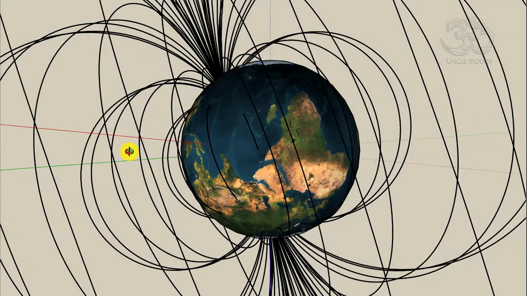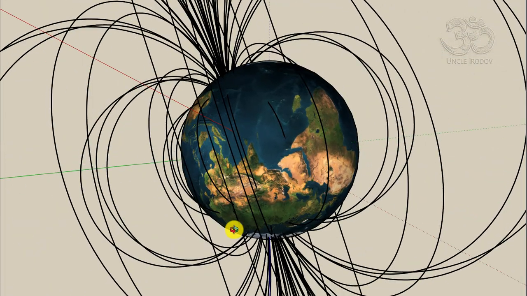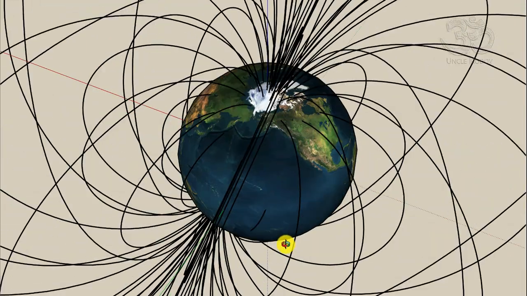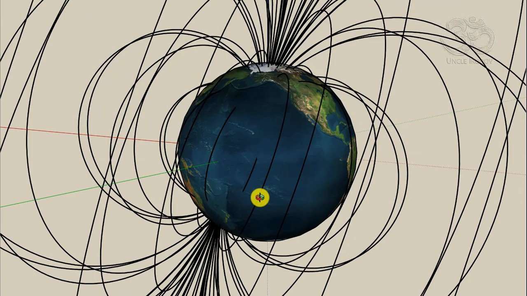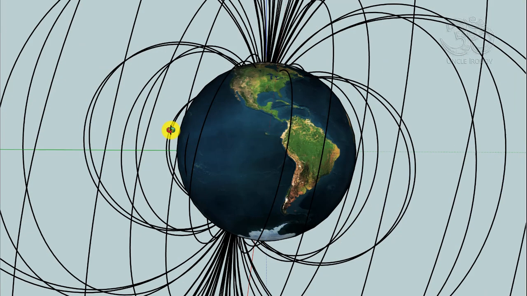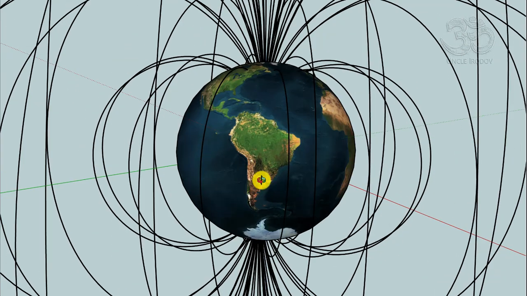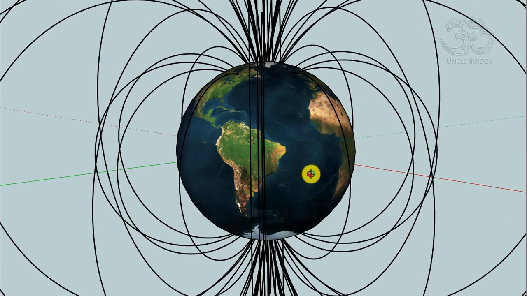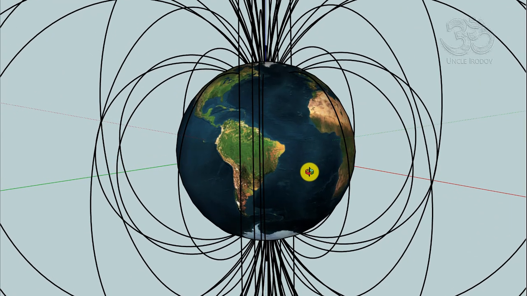So let's have a look at what happens if you are standing near the equator somewhere. First of all, let me erect the Earth. So now this is a view of the erected Earth. Here you see South America in front of you. Now I'm going to look at another view. So here is the equator somewhere.